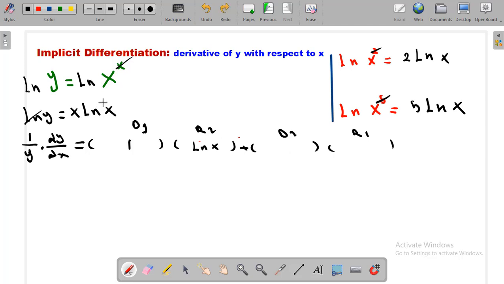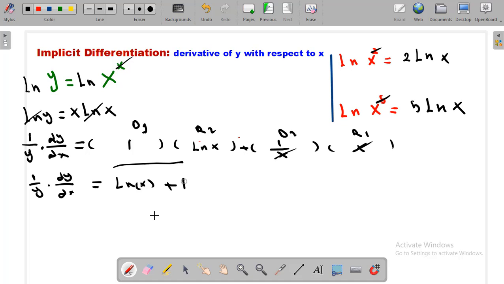cancel ln, derivative of this over this, 1 over x, times right, x. 1 over y times dy over dx equals ln of x plus, cancel x with x, plus 1.